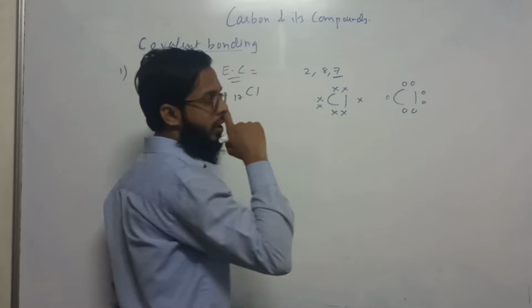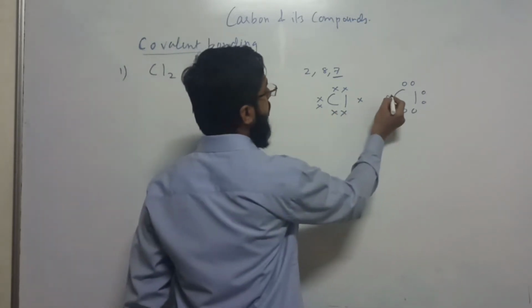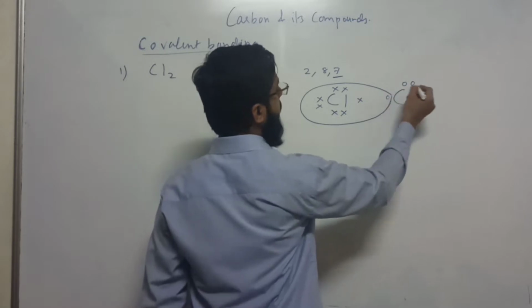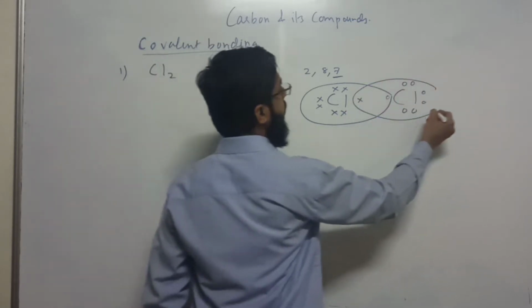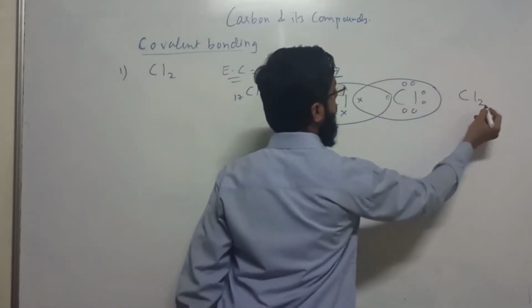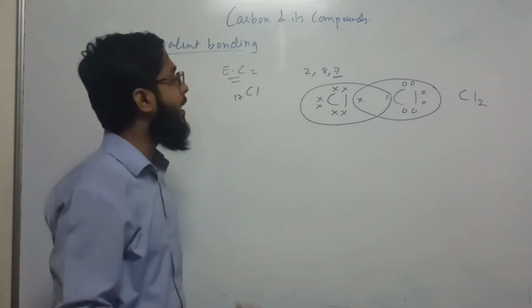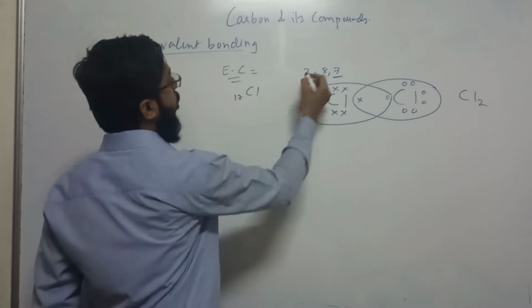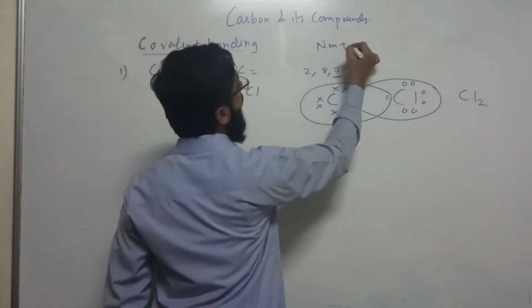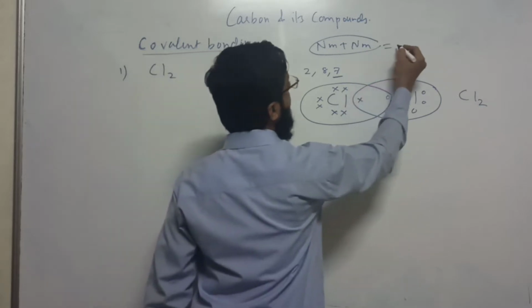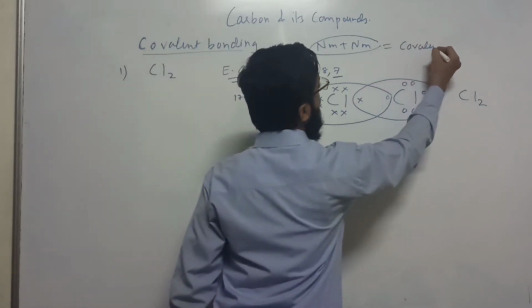It can gain one electron in some compounds, but here it combines with another chlorine atom and forms a chlorine molecule. It can also take one electron from a metal like sodium, but when non-metals like chlorine and chlorine react, they form a covalent compound.